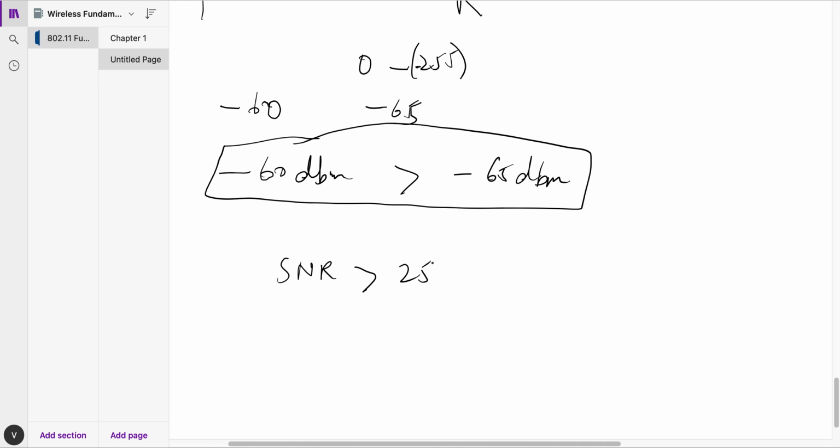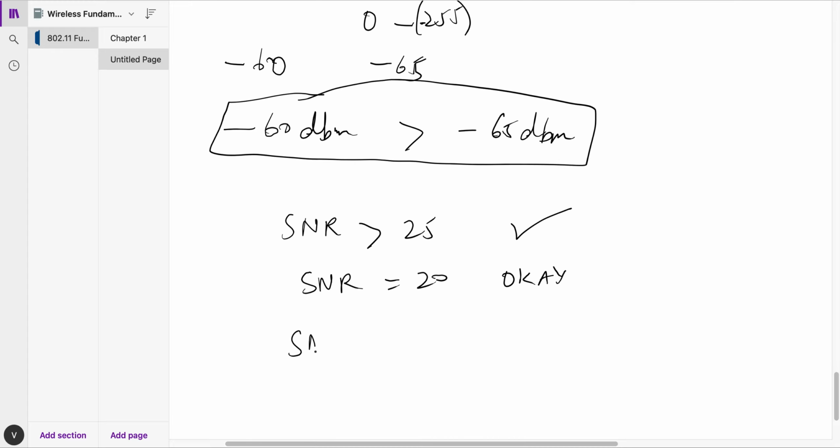SNR greater than 25 is considered very good. SNR somewhere around 20 is considered okay. SNR below 20, not good. There needs to be some work done to increase the SNR. We can get the quality of this wireless transmission better with a better SNR.